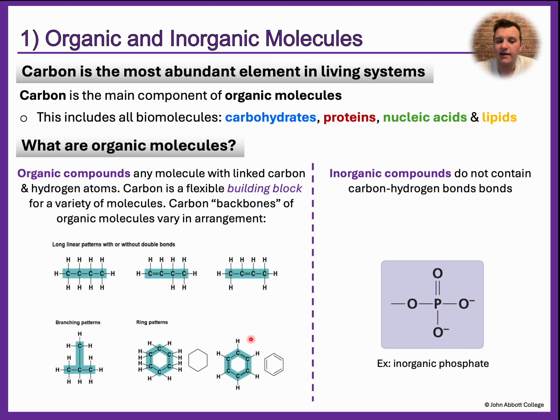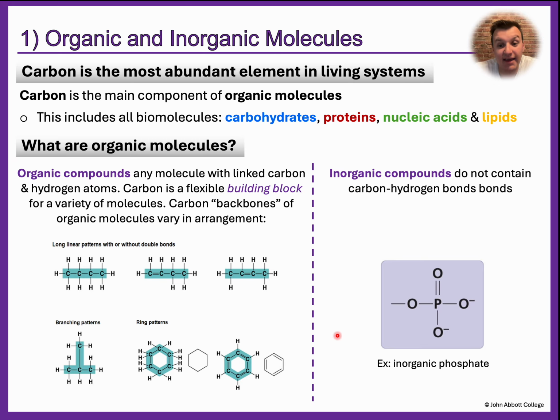And so organic compounds have a backbone of carbon and hydrogen, and they'll then add different branches, different groups to that, and they'll really be able to have a variety of interesting molecules that can sustain and create life, right? Inorganic compounds do not contain carbon-hydrogen bonds. So for example, this inorganic phosphate, I do not see any carbon or hydrogen bonds, right?